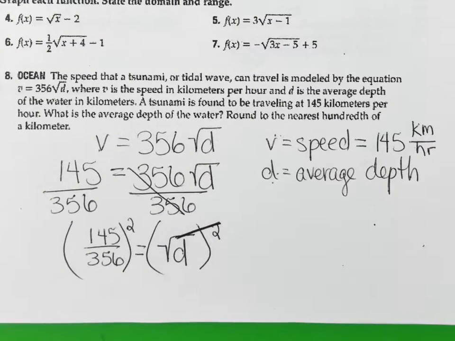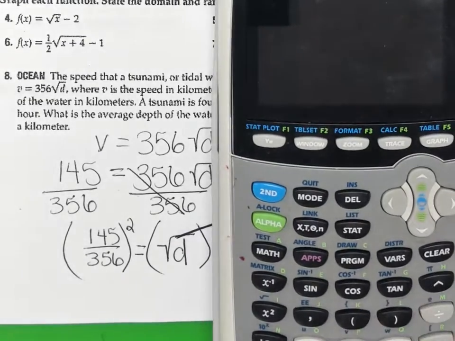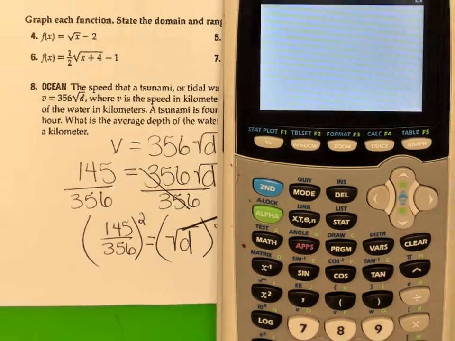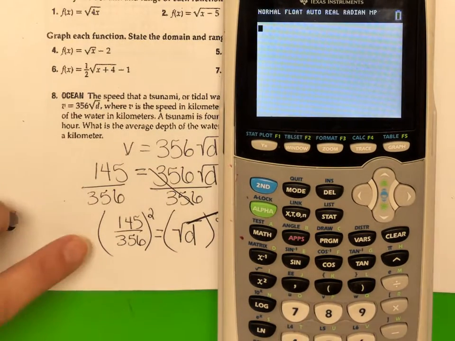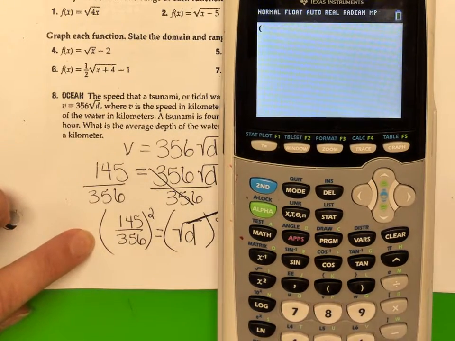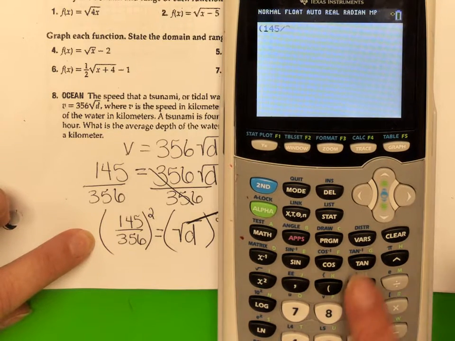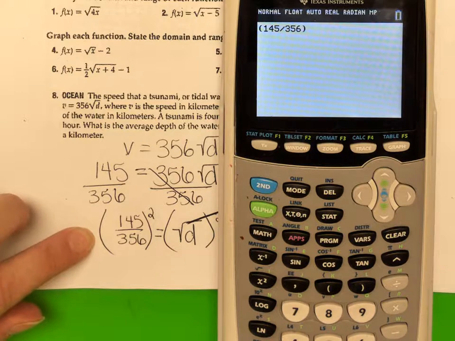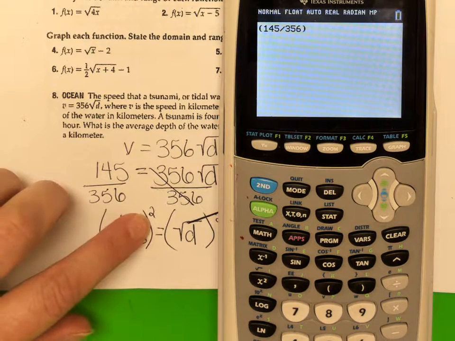You got your handy dandy calculator? Let me show you how to plug this in. Let me zoom this out. First thing that we do is we put a parentheses, and then 145 divided by 356. Close your parentheses, and then that is squared.